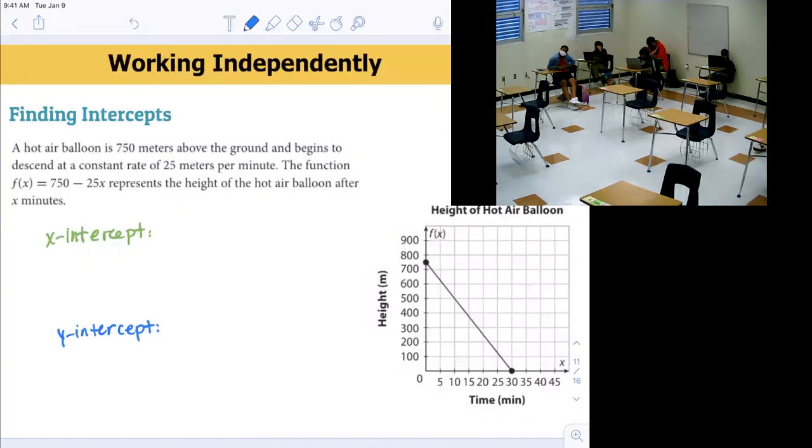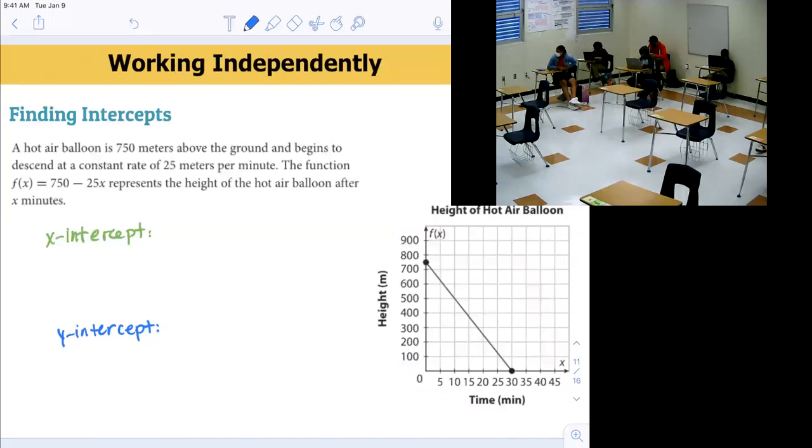About 30 seconds remaining. And 3, 2, 1, time.